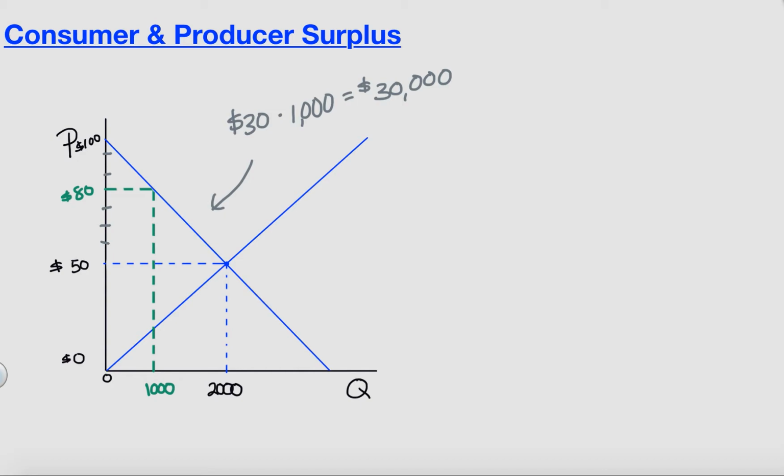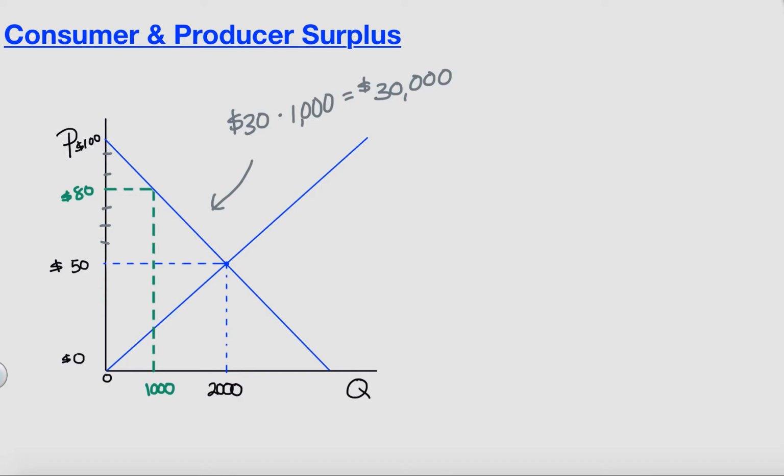If the producer is selling this good or service for $50, well, we know to make a pair of shoes, they are most likely made overseas and they do not cost $50 to produce. So maybe some producers would be willing to sell this pair of shoes for anything above $25.